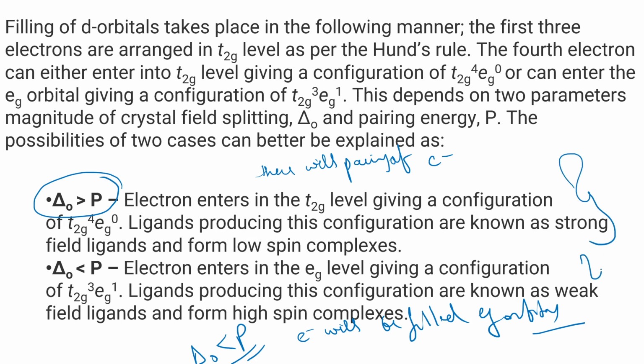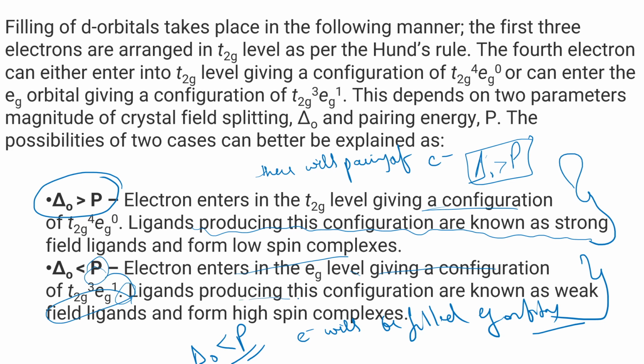When electrons enter the t2g level, giving a configuration t2g4 eg0, the ligands producing this configuration are known as strong field ligands, as the delta O value is greater than the pairing energy. Where the pairing energy is greater than delta O, electrons enter the eg level, giving a configuration t2g3 eg1. Ligands producing this configuration are known as weak field ligands and form high spin complexes.